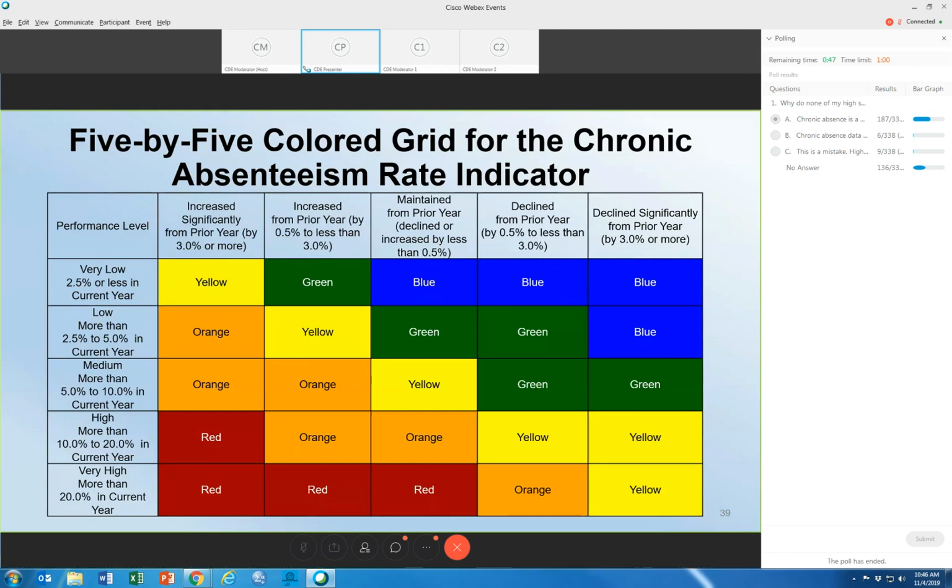So we eliminate the increase significantly and the decline significantly columns from the 5x5 in order to make it a 3x5, where those schools can still qualify for every color. They will just not have such extremes because with smaller N sizes, we know that there's a little bit more room for movement in either direction.